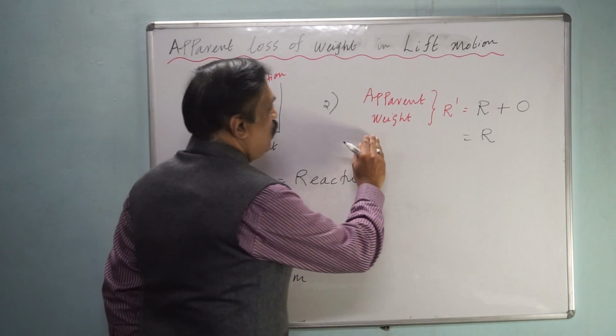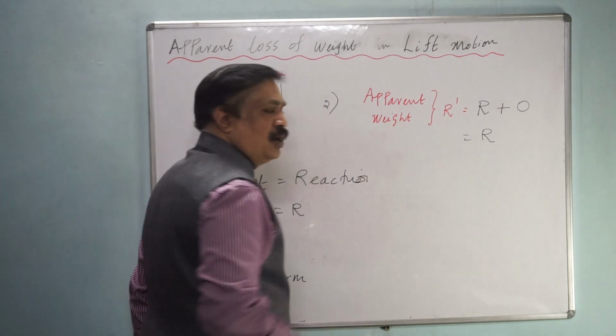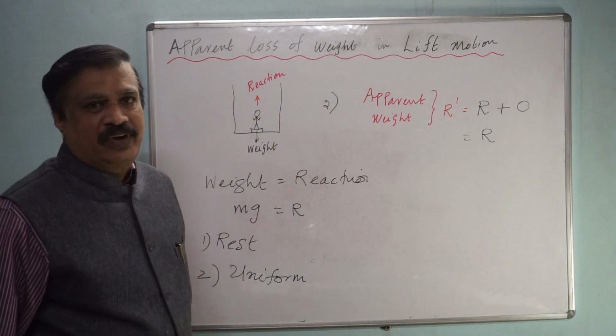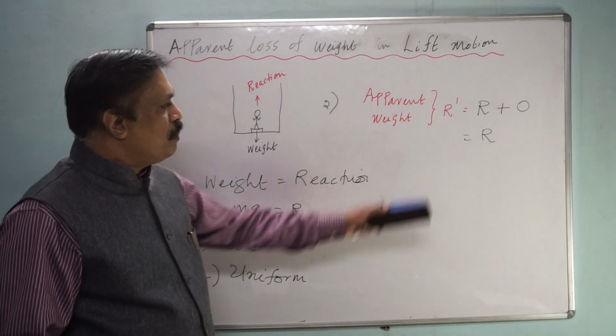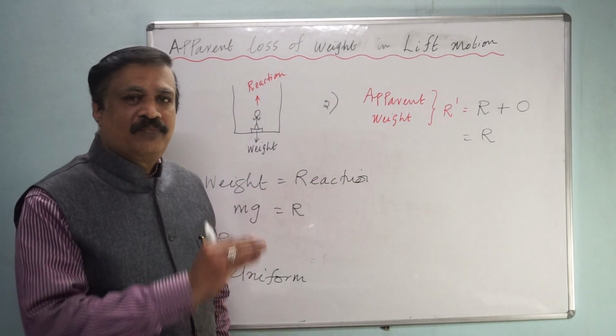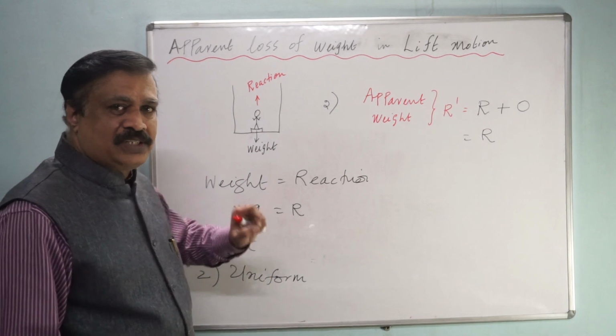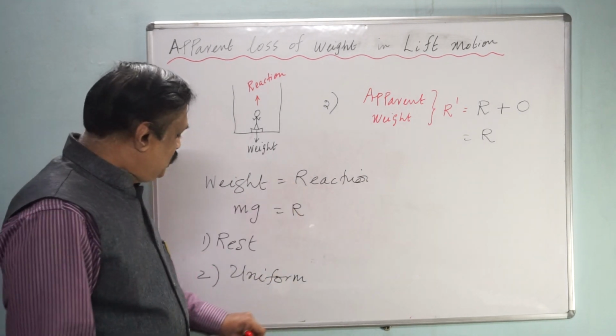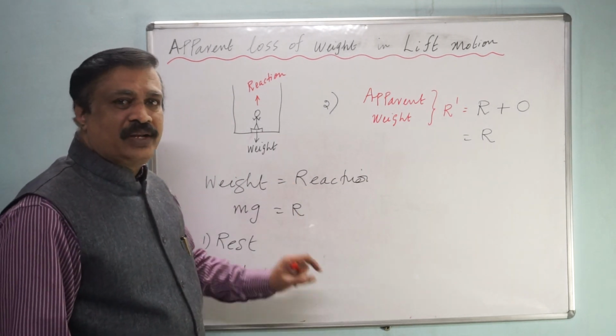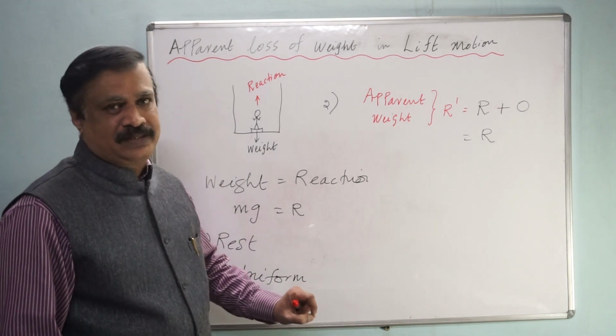Here also apparent weight equal to R only. That means apparent weight is equal to actual weight. Therefore, there is no loss. In both the cases, when the lift is at rest or in uniform motion, there is no loss. Actual weight is there.